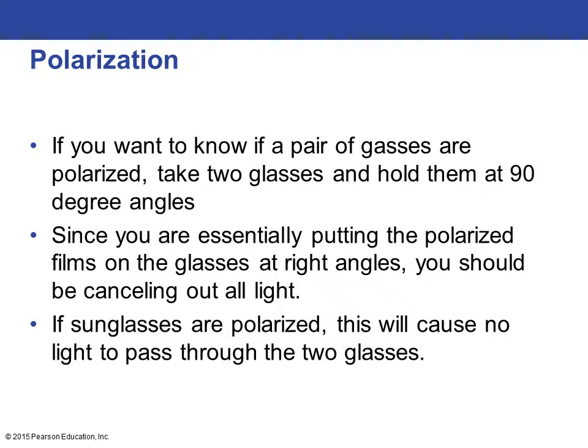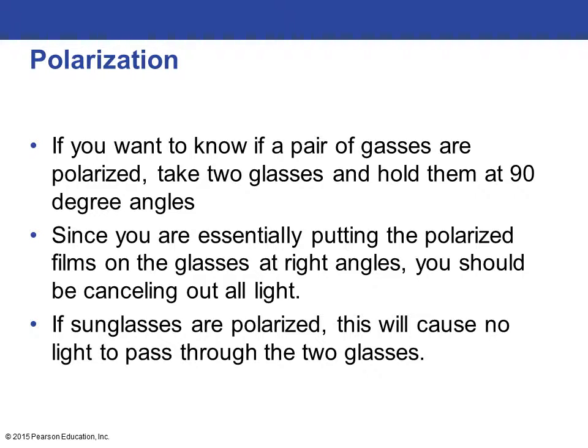Okay, so one trick using the information that we just learned is that if you want to know if a pair of your sunglasses are polarized, then a pair of sunglasses that are polarized should have a polarizer filter, essentially filtering out the light in one direction. So it should have, for example, polarizers going straight up and down like this, blocking out 50% of the light.